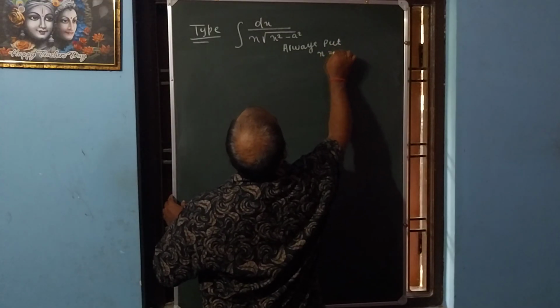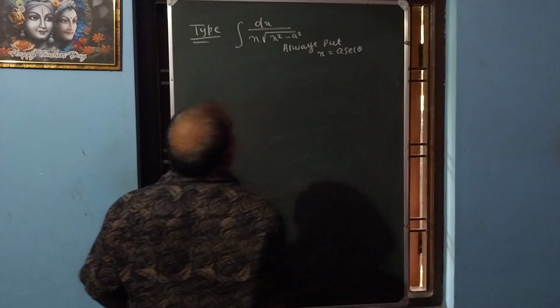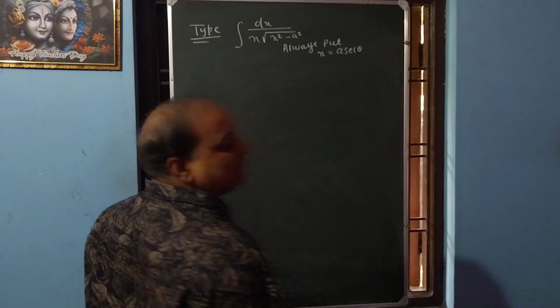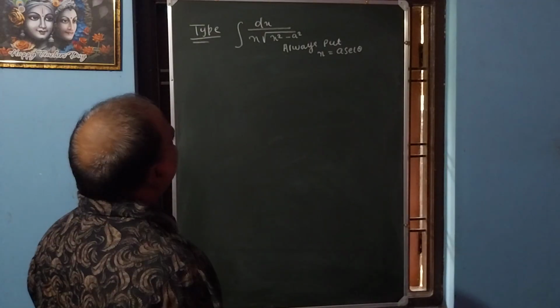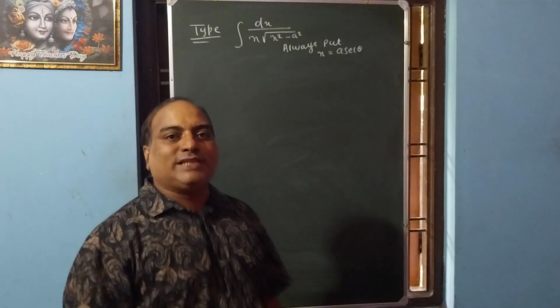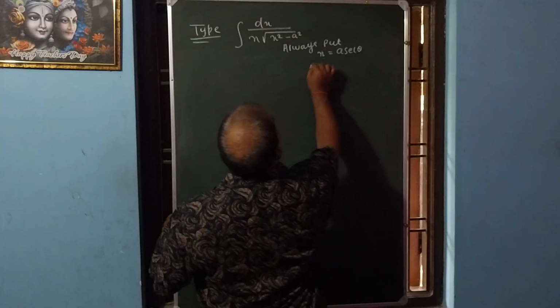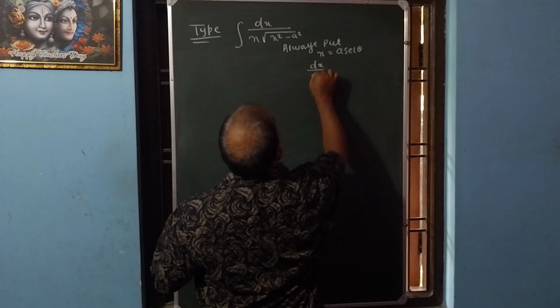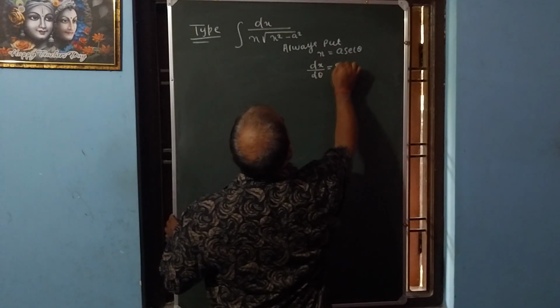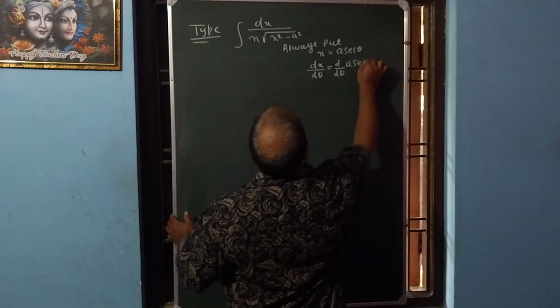x is equal to a sec theta. Always put x is equal to a sec theta. Once you take it, you have to differentiate on both sides with respect to theta. So we get dx by d theta is equal to the derivative of a sec theta.